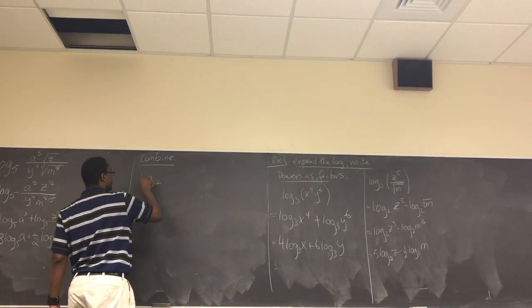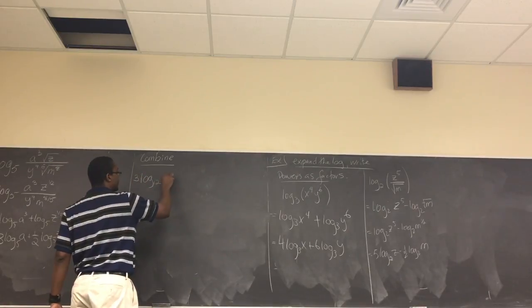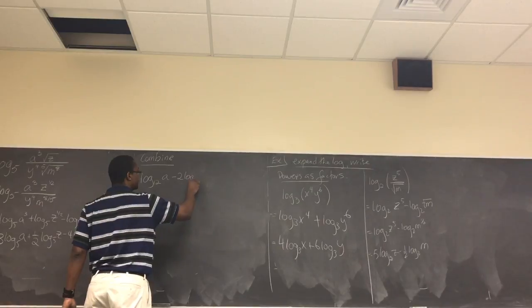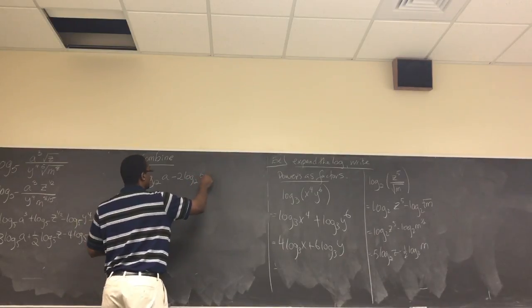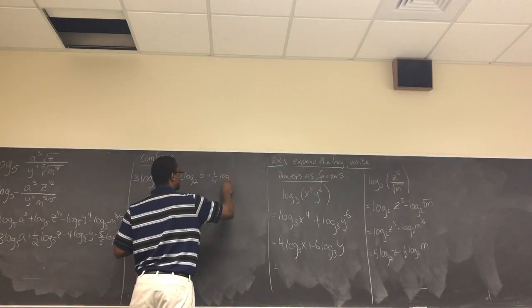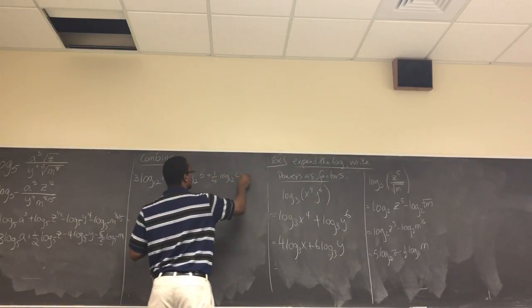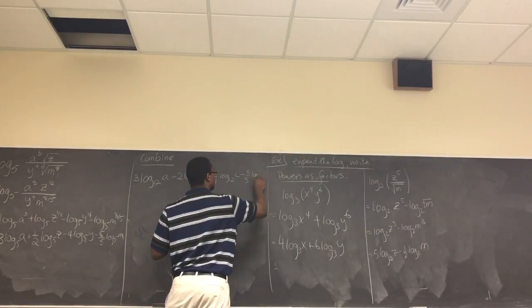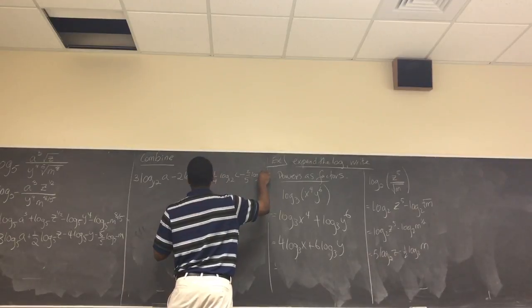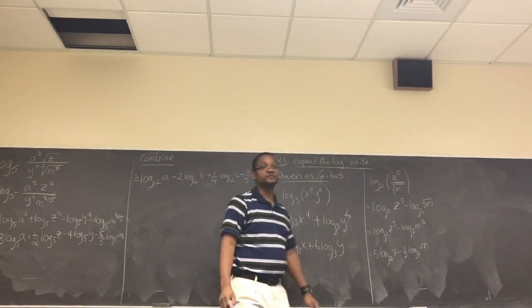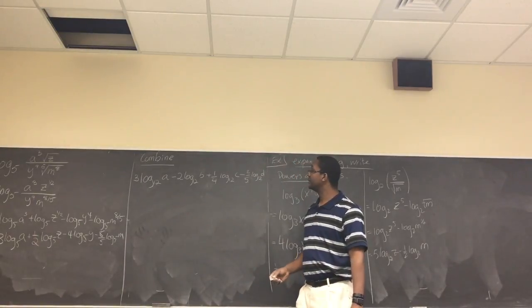Log base 12, let's put a 3 in front right here, of a minus 2 times log base 12 of b plus 1/4 log base 12 of c minus 2/5 log base 12 of d. All of them are base 12.